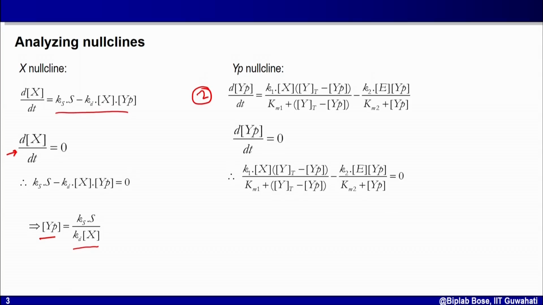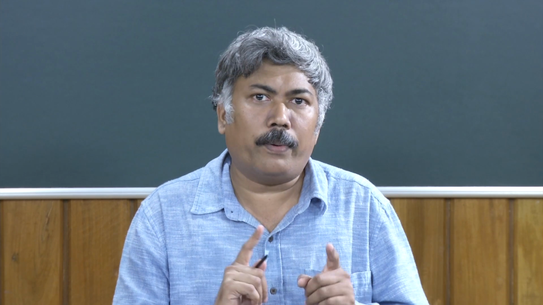If you look into this relationship, in one module last week we discussed reversible reactions following Michaelis-Menten kinetics. We have seen that to get the nullcline, it is not easy to separate out the x and y terms, and we have to play a trick to rearrange the terms.